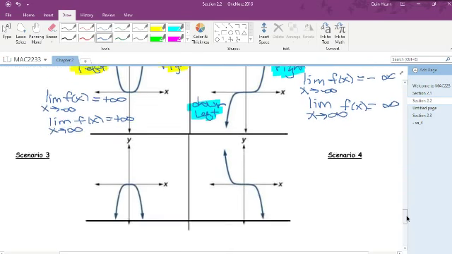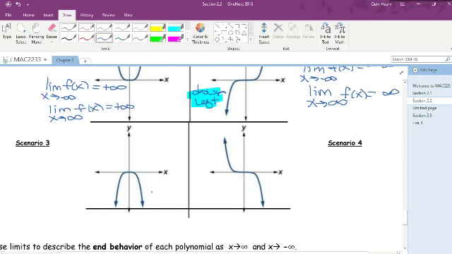Okay, and then another scenario would be where it goes down on the left and down on the right. When would that happen?